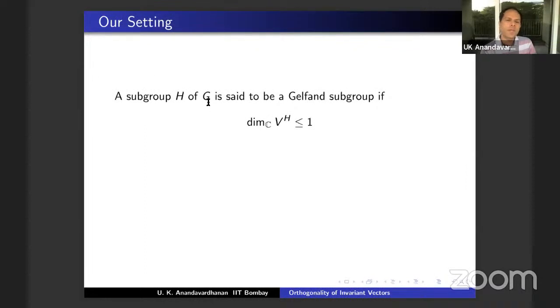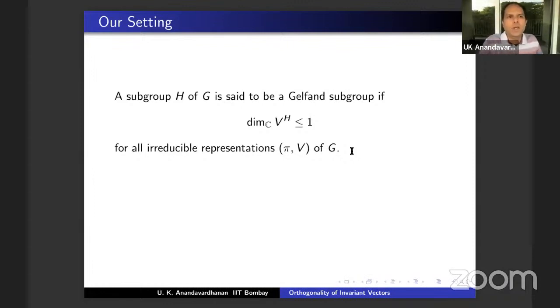A subgroup H of a finite group G is said to be a Gelfand subgroup if the dimension of the H invariant vectors of your representation is either 0 or 1, that is, less than or equal to 1, and this happens for all irreducible representations of G. So earlier I said pi has the property that the dimension of VH is less than or equal to 1. But suppose for all irreducible pi you have this property, then H is said to be a Gelfand subgroup.